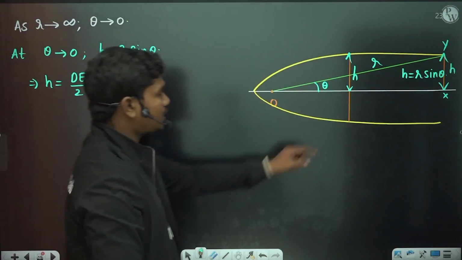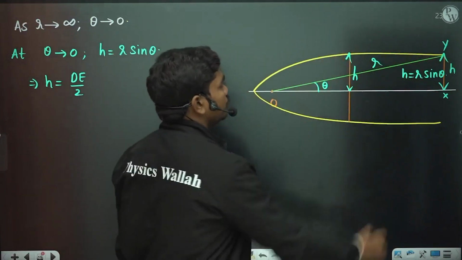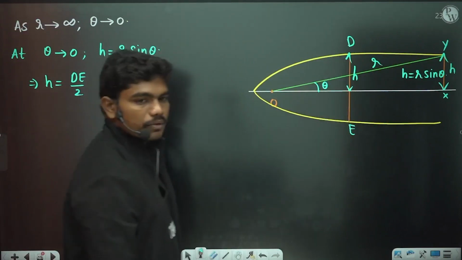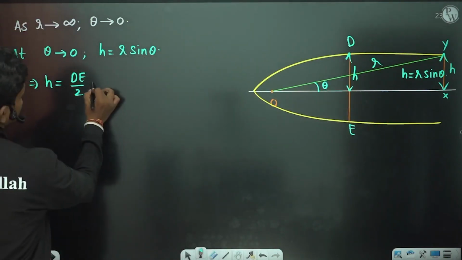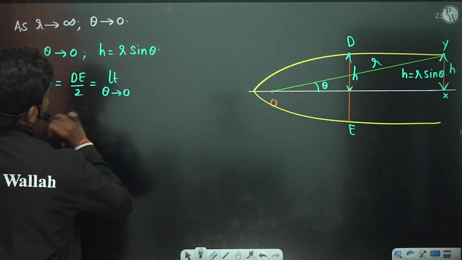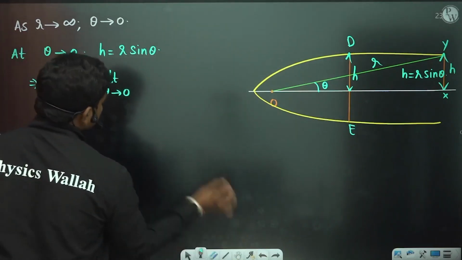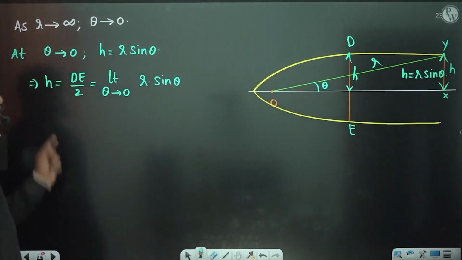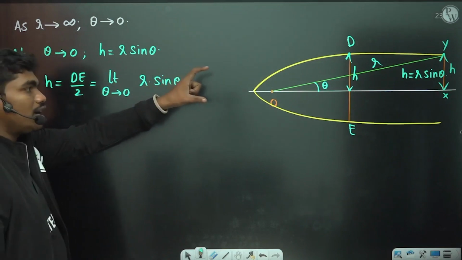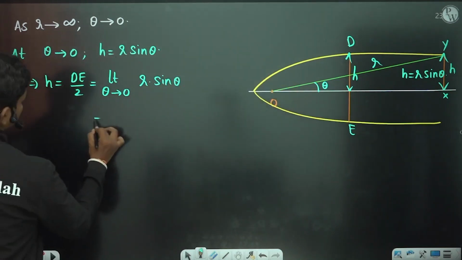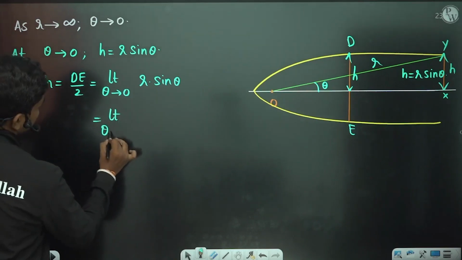Because if this is d and this point is E, then h and dE by 2 are both the same. So dE by 2 is equal to the limit as theta tends to 0 of r sine theta. Correct? Because h is r sine theta, that is the value of r sine theta when theta is very small. So this is equal to the limit as theta tends to 0.